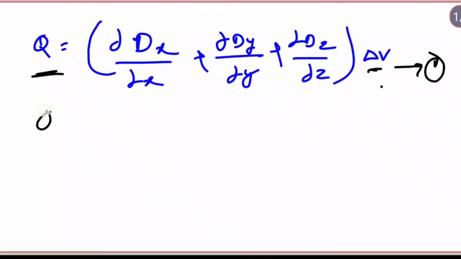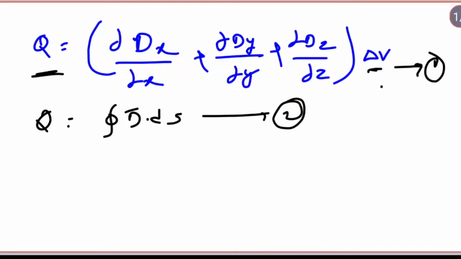But from Gauss law, Q can be written as surface integral D dot dS. We make it equation number 2. To apply Gauss law, we have assumed the differential volume element as the Gaussian surface, for which D bar is constant. Hence, we can equate equations 1 and 2 in the limiting case, that is delta V tends to 0.